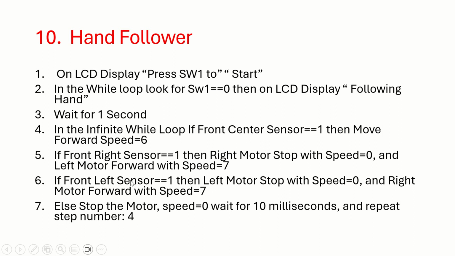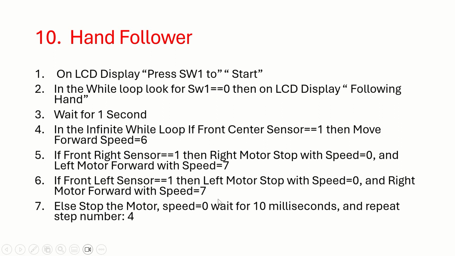Else, if the front left sensor is detected, the left motor should start moving. Sorry, there is a mistake, this should be the left motor with a speed of 0, and the right motor with a speed of 7. So finally it has to tilt left, right, forward.